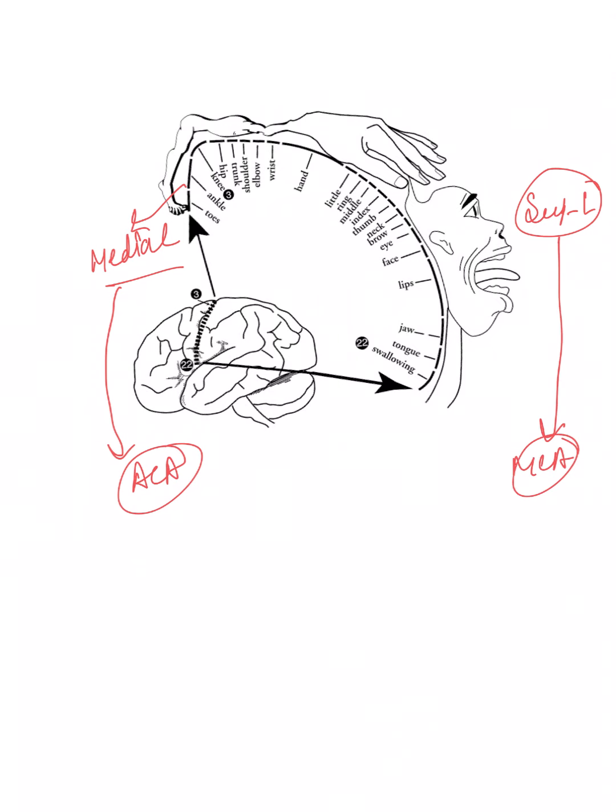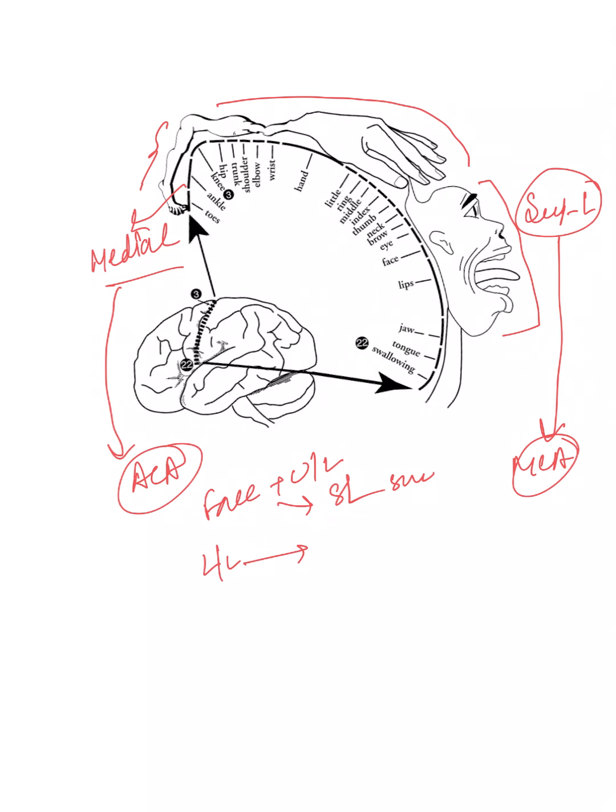Now if you see the somatotopic representation of our body on the cerebral cortex, you can clearly see face, hands, arms and upper limbs are mostly represented on the superolateral surface, and lower limbs are represented on the medial surface of the cerebral cortex. Face and upper limb on superolateral surface, lower limb on medial surface.